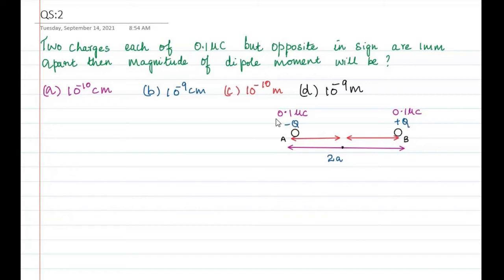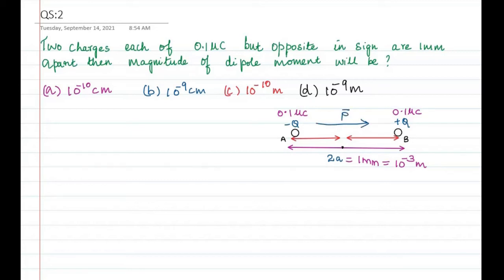The two charges are 1 millimeter apart, which is equal to 10 to the power of minus 3 meter. Now we have to find the magnitude of the dipole moment. The direction of the dipole moment is from negative to positive.